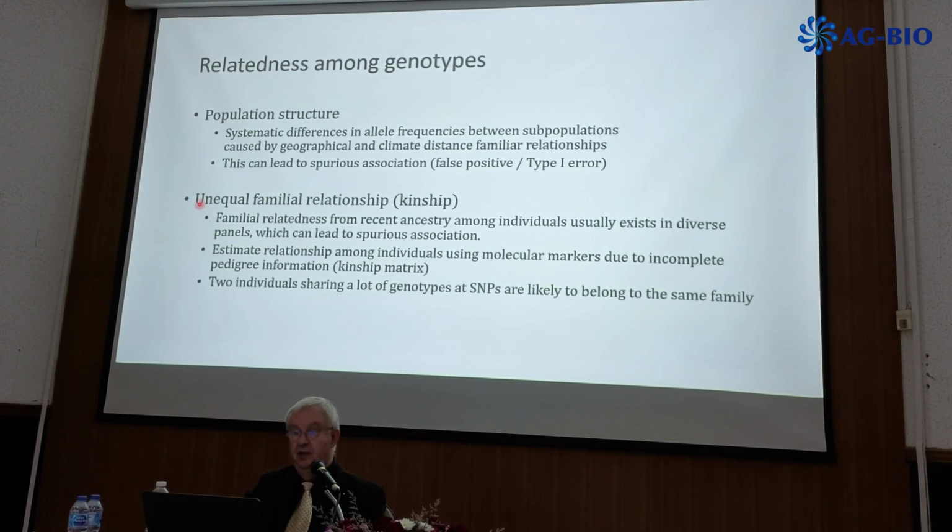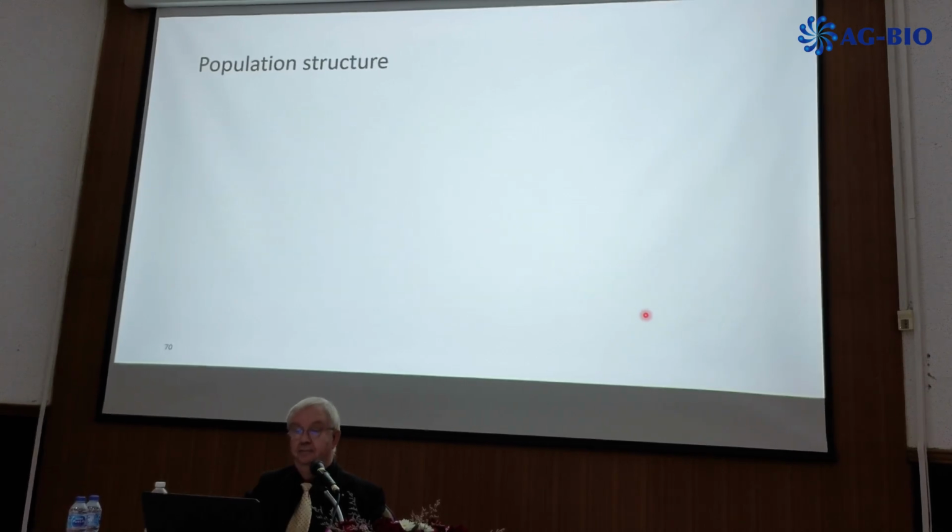The second is the so-called kinship, the unequal familial relationship from recent ancestry among individuals, which usually exists in different panels and can lead to spurious associations. Relationships among individuals are estimated using molecular markers, due to incomplete pedigree information, in the kinship matrix. Two individuals sharing a lot of genotypes and SNPs are likely to belong to the same family.